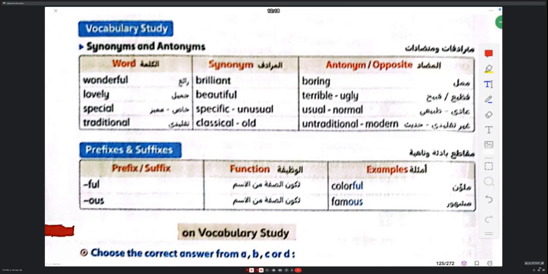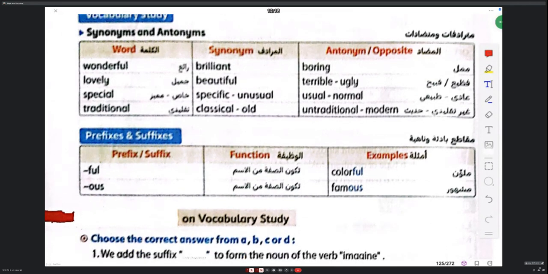Lamar: Wonderful, brilliant, boring. Lovely, beautiful, terrible, ugly. Special, specific, unusual. Usual or normal. Traditional, classical, or old. Untraditional, modern.